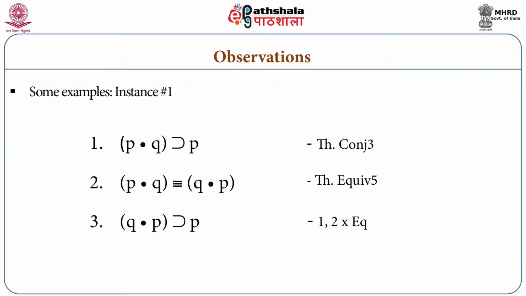We have come to the end of our lesson, but before I wind up, let me quickly summarize the important points. Here we have shown that more rules can be generated once we have axioms and some rules, and then we can generate meta proofs to justify those derived rules.